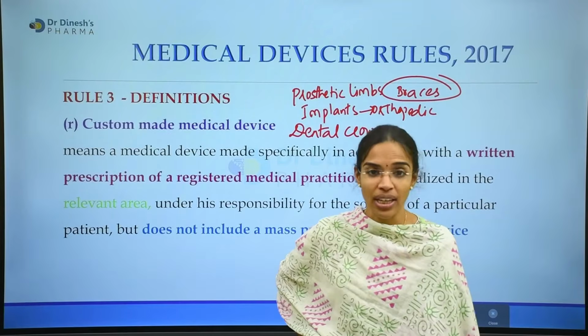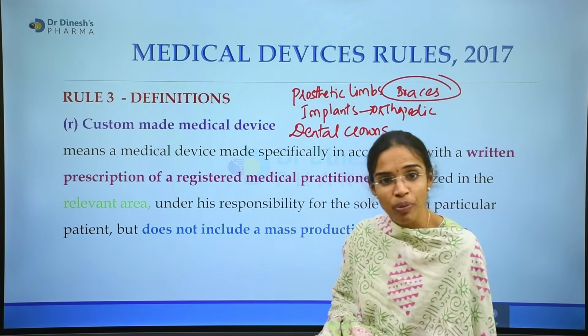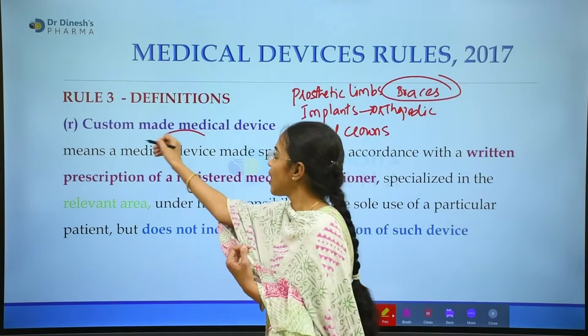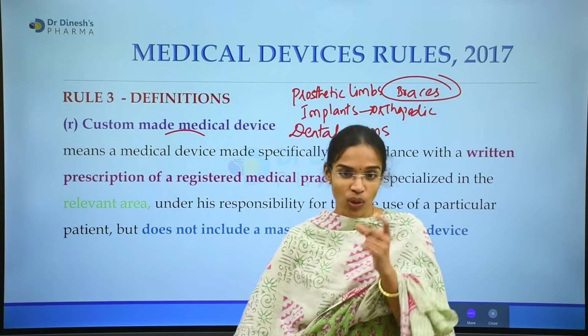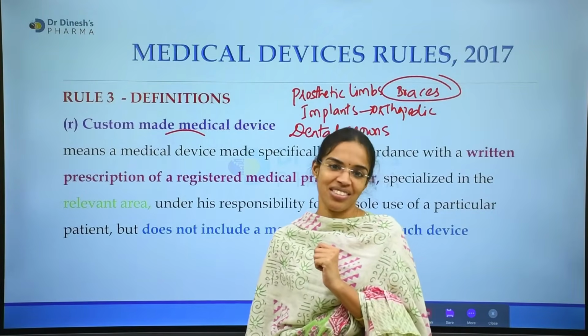Then the answer will be, it is a custom made medical device, because it can be customized.